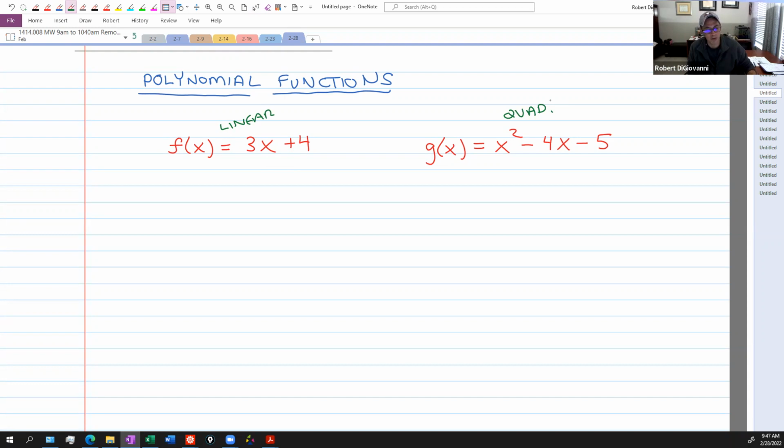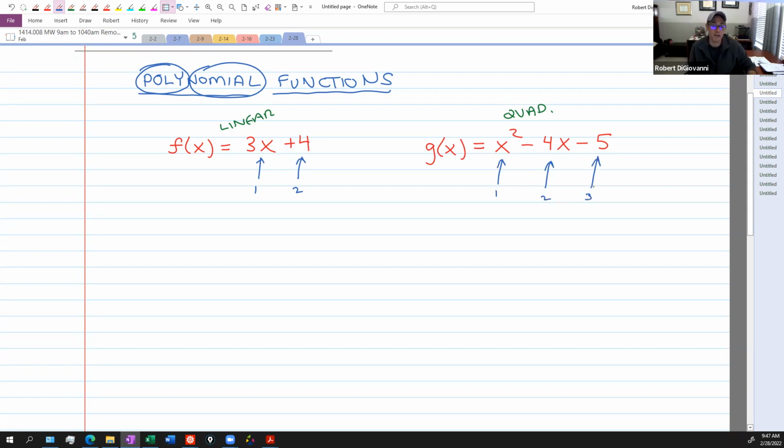The word polynomial, poly means many, and nomial means basically terms. So you have many terms. If you look at a linear expression, you have 2 terms. With the quadratic here, we have 3 terms.